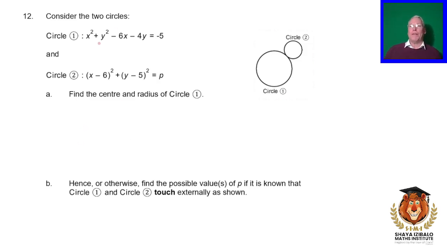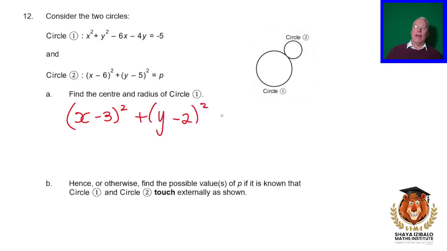Okay, so let's have a look. Well, the first thing we're going to do is put circle number 1 into standard form. So that's x minus 3 all squared plus y minus 2 all squared. We've added in 9 here and 4 here. That's 13. And here we've got minus 5. 13 minus 5 is 8.